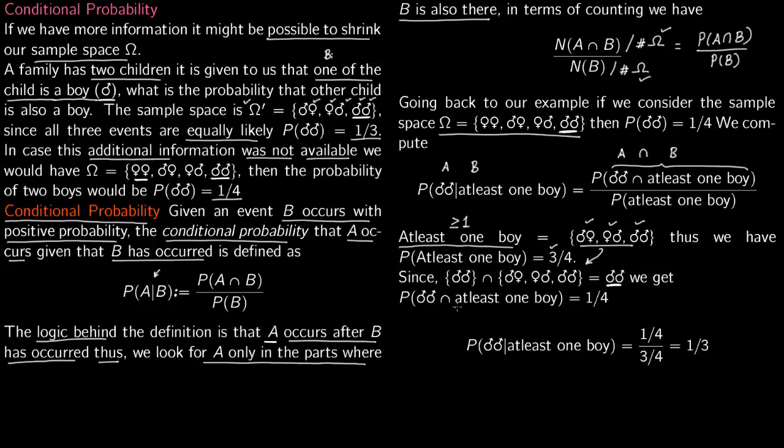So the probability of two boys intersection at least one boy is 1/4. So that is what we plug in here. This you put as 1 by 4, and the denominator is 3 by 4. So the probability of two boys, given that there is at least one boy, is 1 by 4 divided by 3 by 4, which is equal to 1/3. This 4 and 4 cancel out.